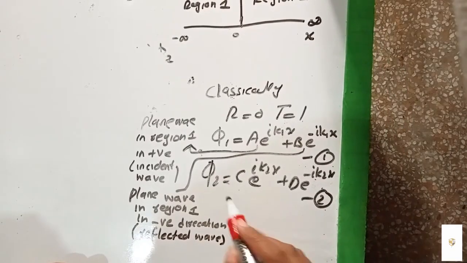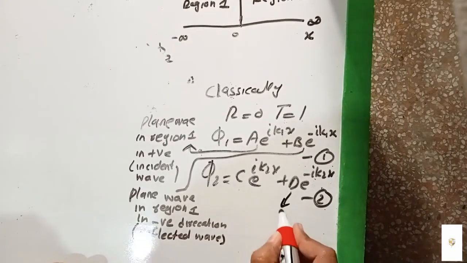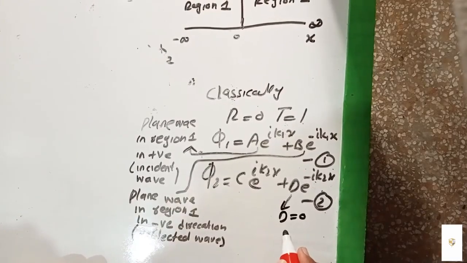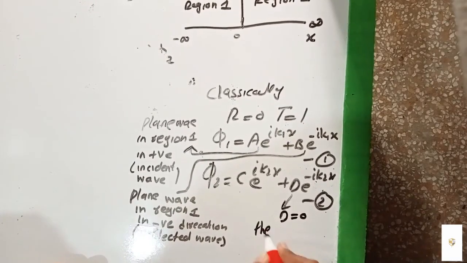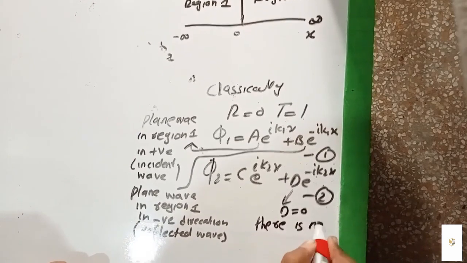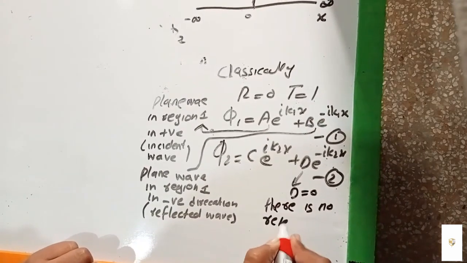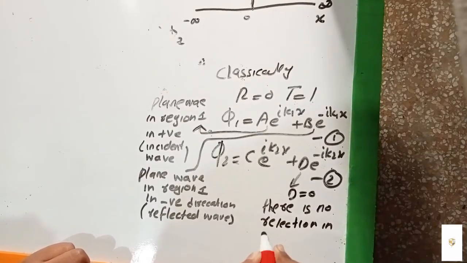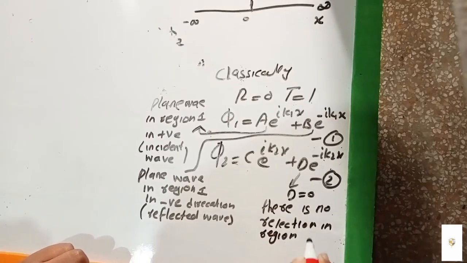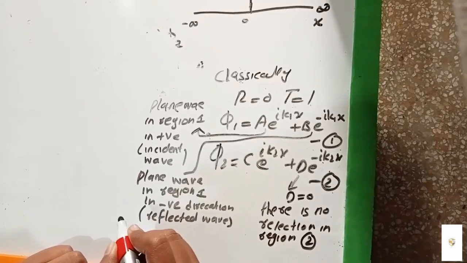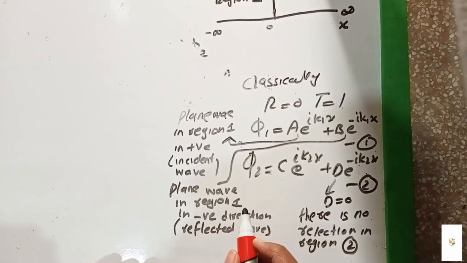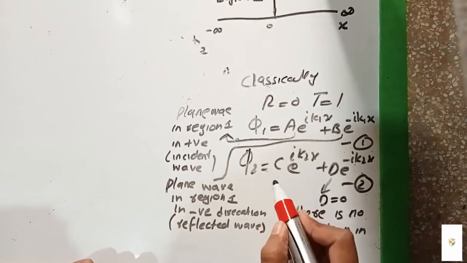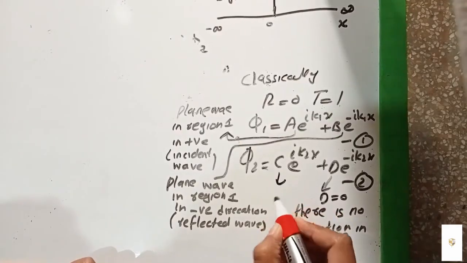And in phi 2, D is equal to 0, as there is no reflection in region 2. And this is the transmitted wave.